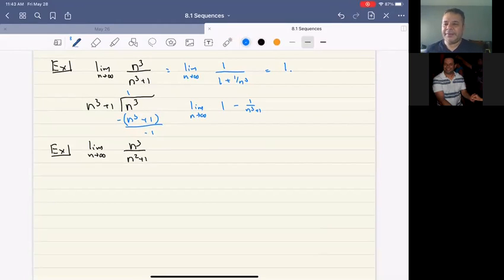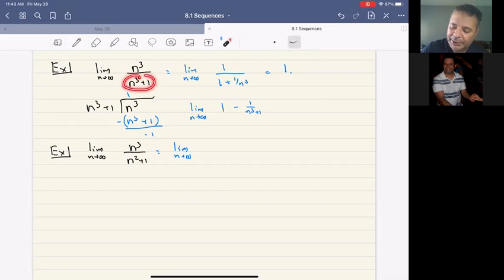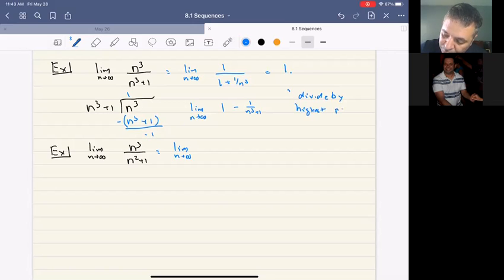If we try to play that same game of dividing by the highest power of n in the denominator, that's the way you play this game in college algebra, and we can play this game here too.